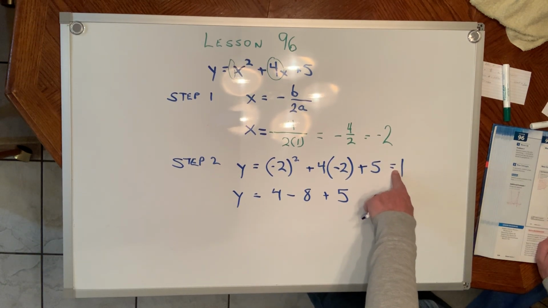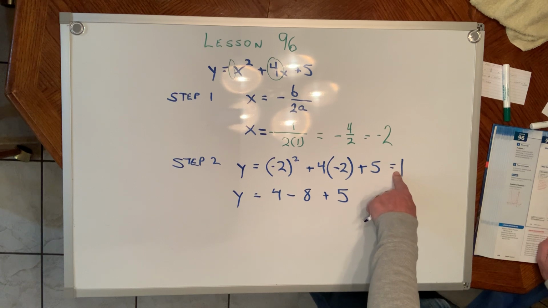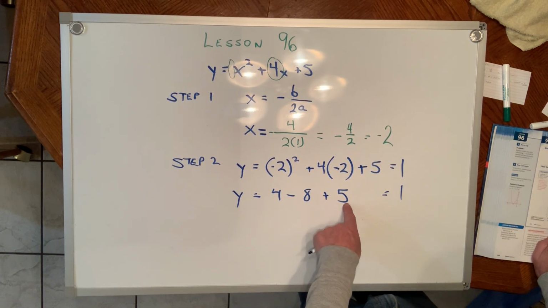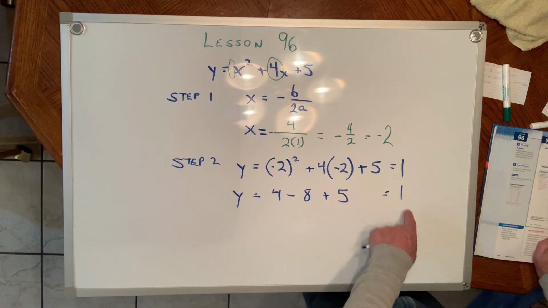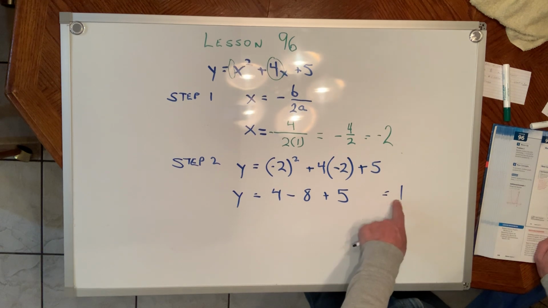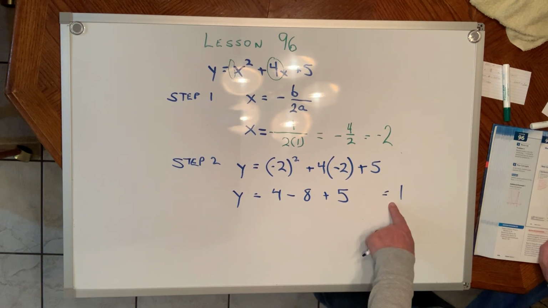Oh, see, I cheated. I already had the answer in there. Okay. Because 4 plus 5 is 9, minus 8 is 1. So pretend you didn't see that, okay? But there it is. There's where the answer comes out.